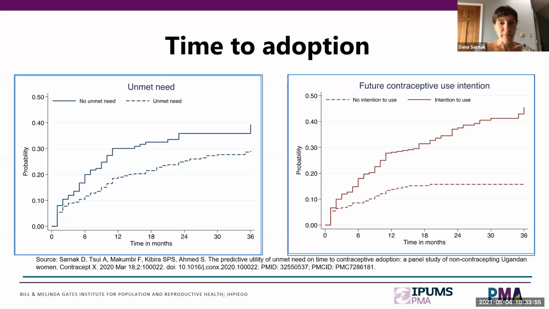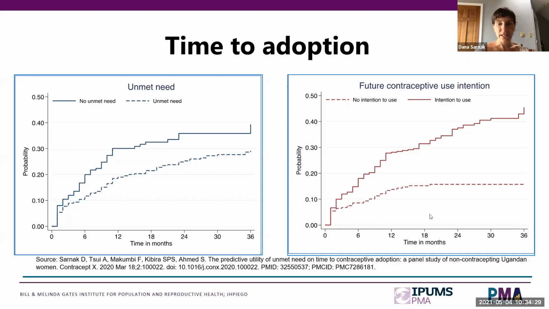This is from a study that uses those panel surveys in Uganda when we were piloting the calendar that I mentioned in the beginning of the presentation. Here we used characteristics at baseline among non-users to see how they influenced the time to contraceptive adoption. We were interested in seeing if a woman's unmet need for contraception at baseline predicted adoption of contraception, as well as if a woman's intention to use contraception at baseline influenced the time to her adoption.